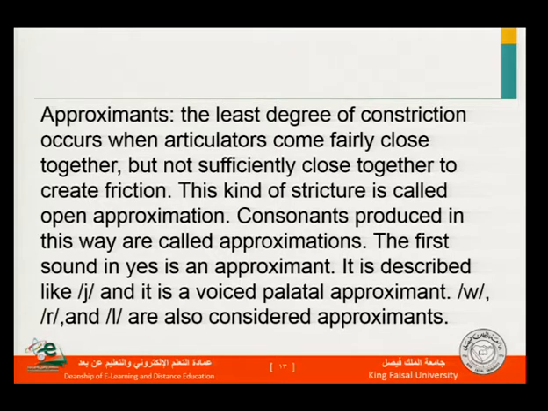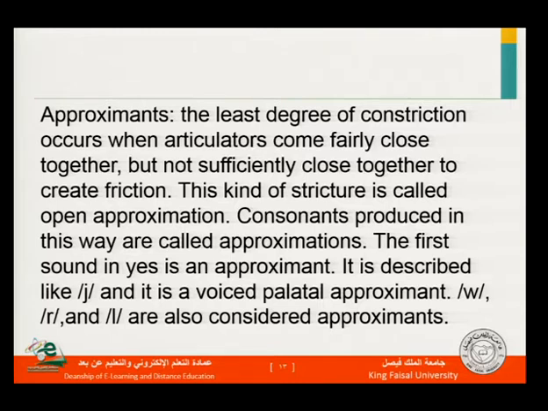So we have four approximant sounds: ya, W, ra, and la. Keep in mind that the W and the ya are also called glides.